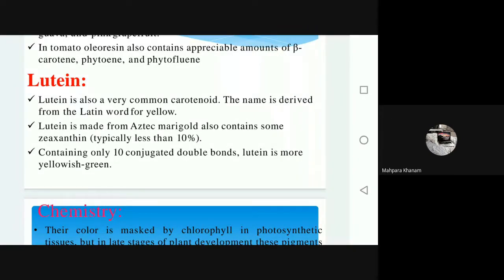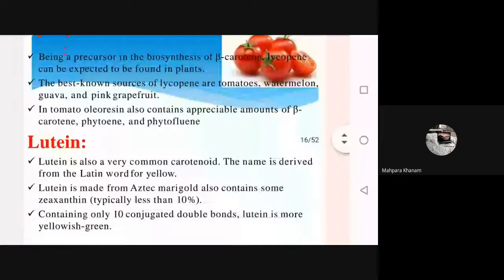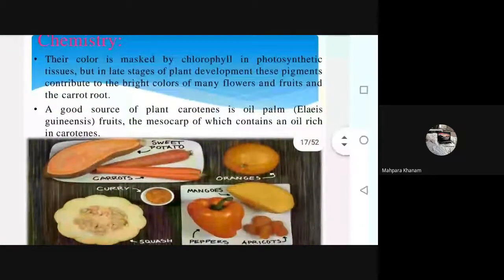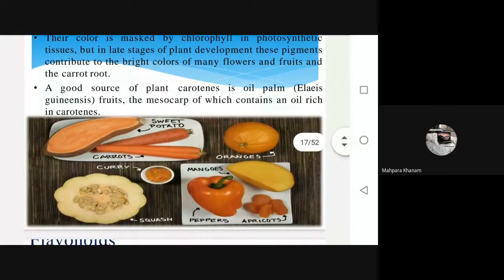Sometimes the yellow color is for carotene, sometimes the yellow color is for lutein also. So you have to know which particular vegetable, fruit or food product contains this type of color. So the questions will be like that. These are very general statements.